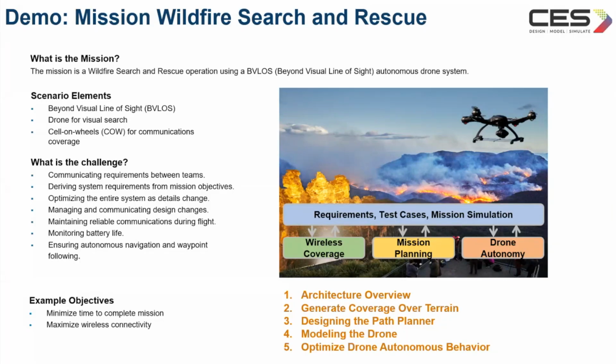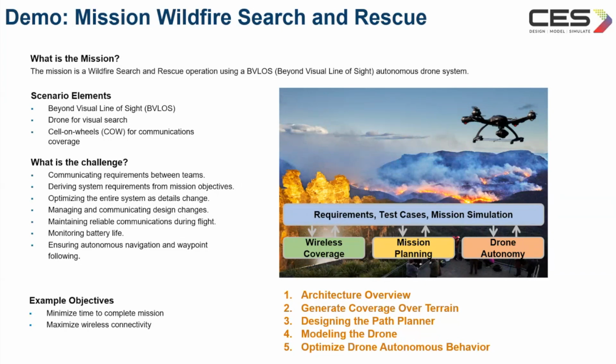Okay, and how can we do it? I split it into 5 parts. First, architecture overview. We are taking a look at this hierarchy for the system architecture. Generate coverage over the terrain, so we need to set this up.